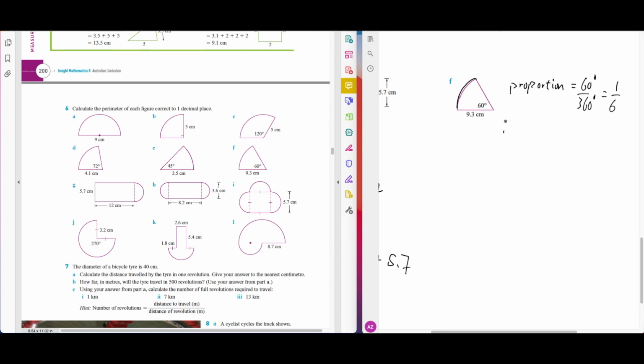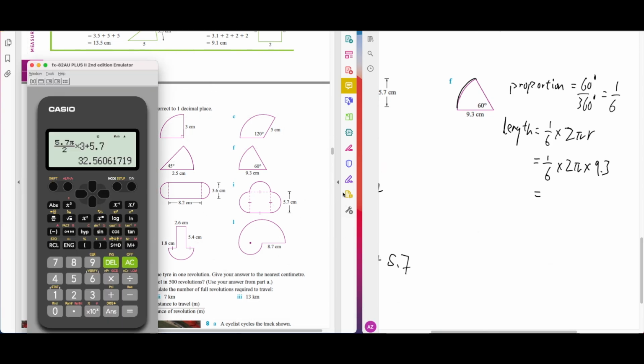So then the length is equal to 1 on 6 multiplied by 2 pi r, right? Because we only know the radius here, which equals 1 on 6 times 2 pi times 9.3. And what does this equal to? So you can do 1 on 6 times 2 pi times 9.3. This is 9.7.